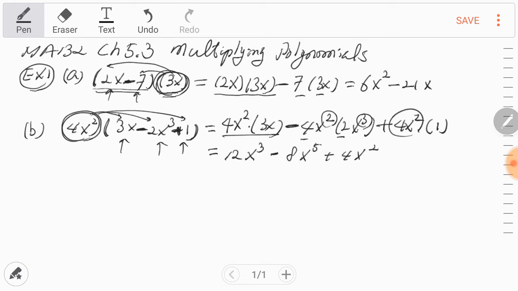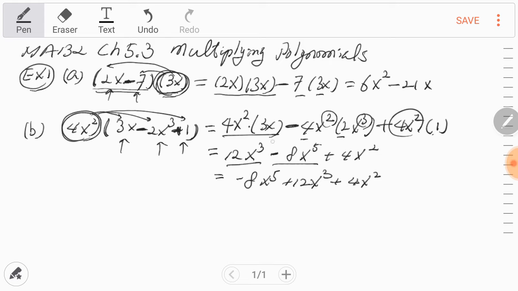Multiplying by 1 is the same as the number itself. And then write this in descending order by the degrees. The largest degree term comes first, so negative 8x to the 5th power, and next is the cube, so plus 12x cubed plus 4x squared.